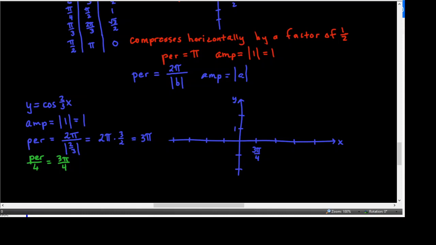So what I would do to plot this graph is think, well, cosine of 0. I would substitute 0 into my function. 2/3 times 0 is 0. The cosine of 0 is the high value of 1. Then the next thing that's going to happen is when I slide over a fourth of the period, so one of these marks, it's going to be at the middle.